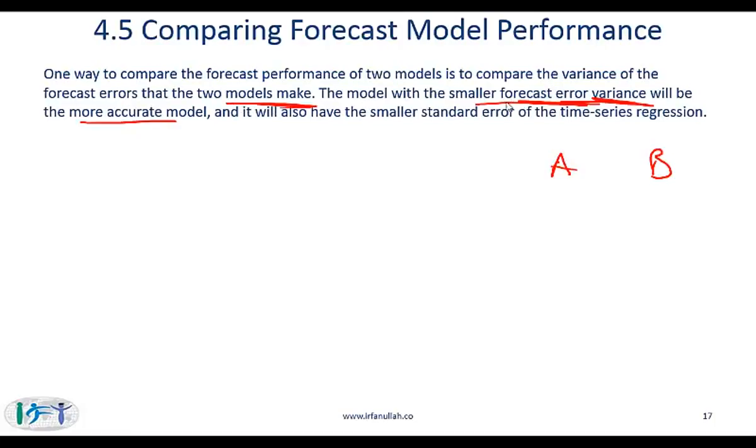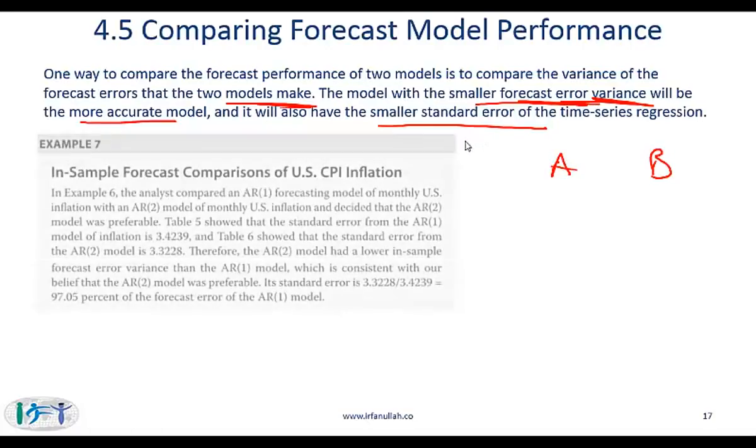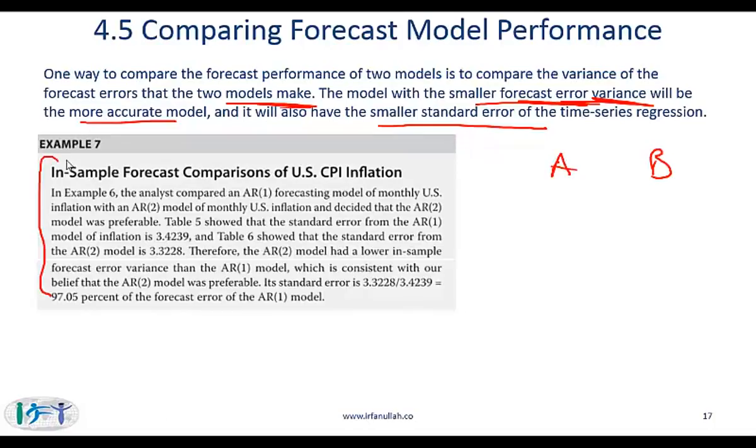The model with the smaller forecast error variance will be the more accurate model, and it will also have the smaller standard error of the time series regression. So fairly straightforward. The model with the lower variance and the lower error is better. If you read through example 7, this will be illustrated quite well. So I will want you to do that.